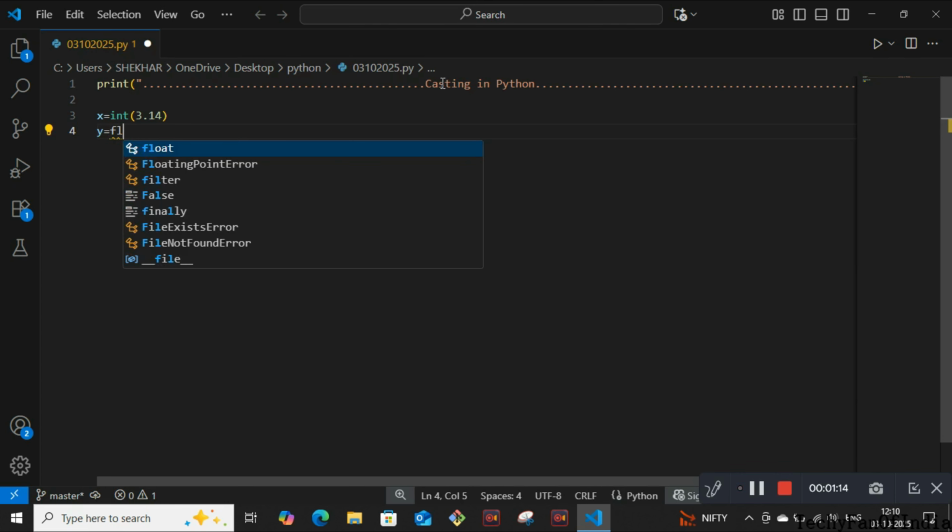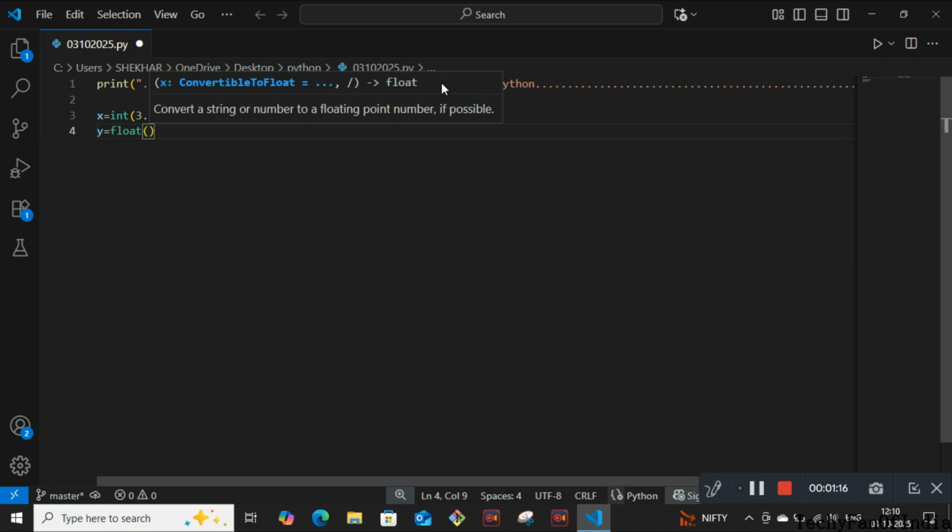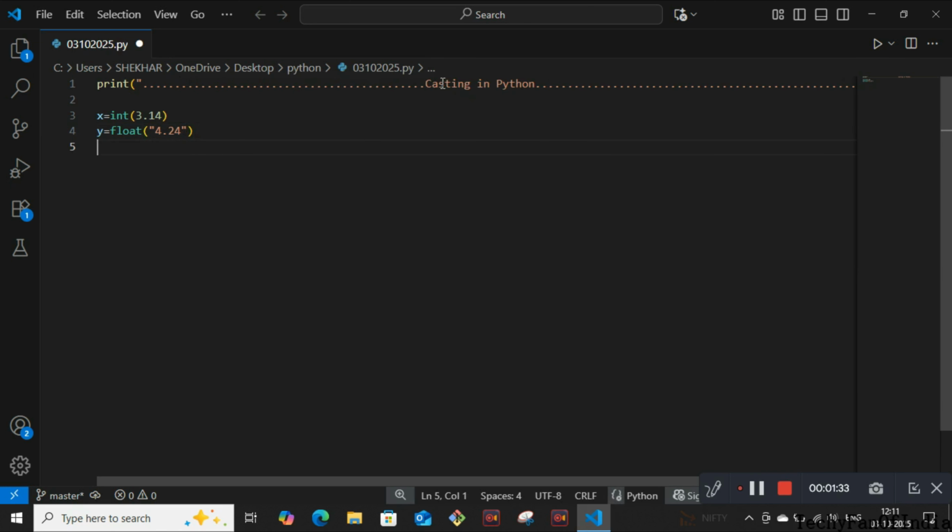Next value is y, which is float. Inside the float we take a value in double inverted commas, 4.2, and this value is always known as a float.